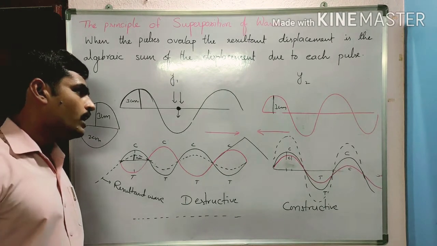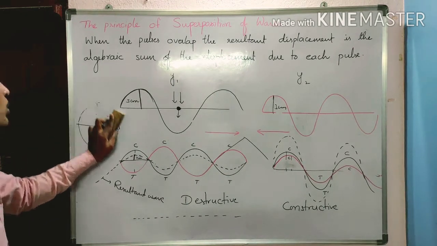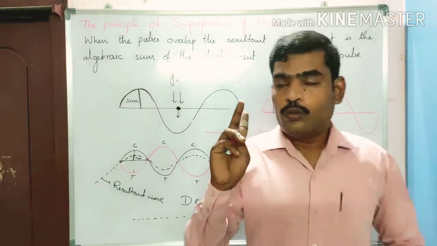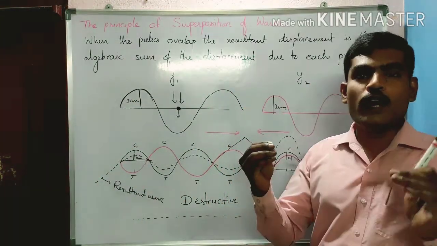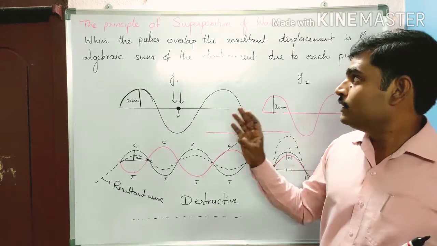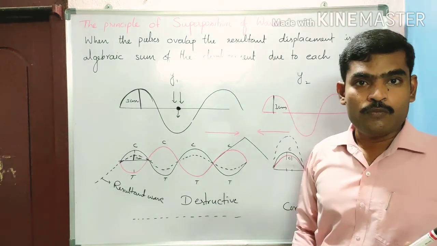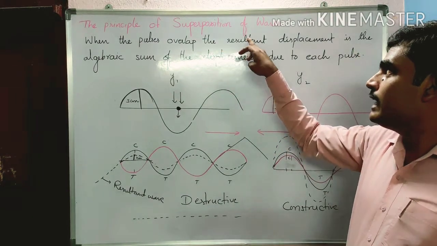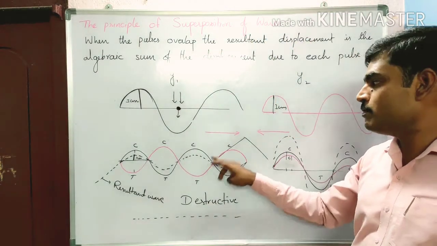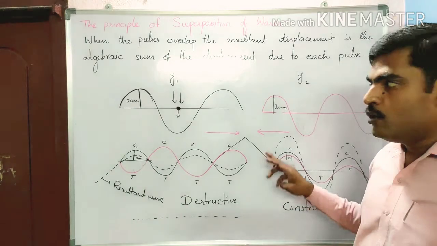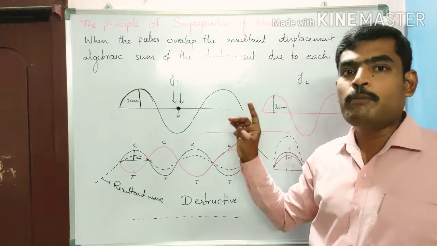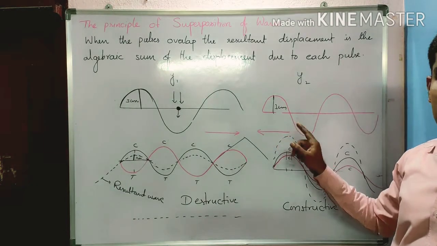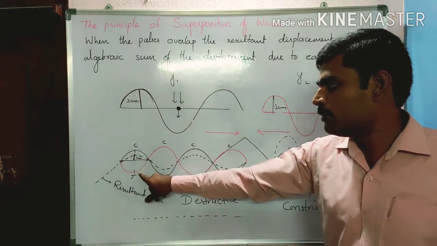Okay, right, let us come to the mathematical approach. Understood better? See, two waves when they overlap on each other, that is called superposition. When the pulses are overlapping, the resultant displacement depends on two conditions. One is how the pulses overlap. One is crest overlapping on the trough.